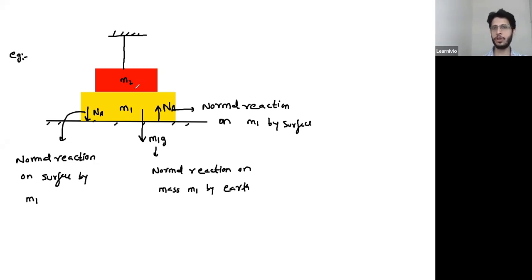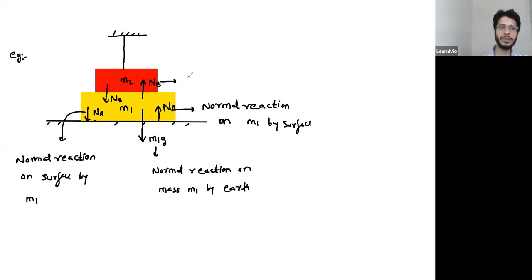Similarly, if I take body 2, there's one more force which is acting on M1. This body 2 is applying some force on M1. I call this force NB. So if M2 is applying a normal reaction on M1, then M1 will apply a normal reaction on M2.